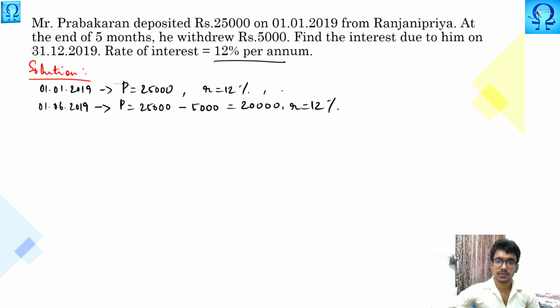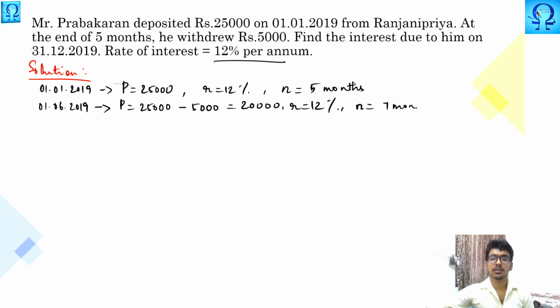In this case, the n value is going to be 5 months, because this 25,000 was there for 5 months and this value is there for 7 months, right? So this 5 months may be written as 5 upon 12 years, and similarly this may be written as 7 upon 12 years.